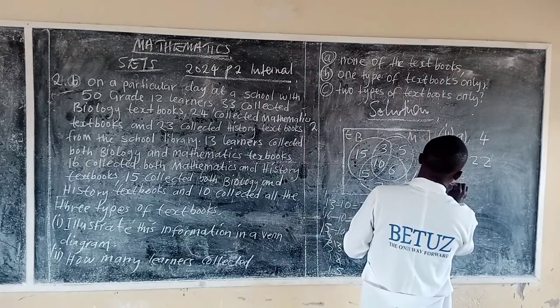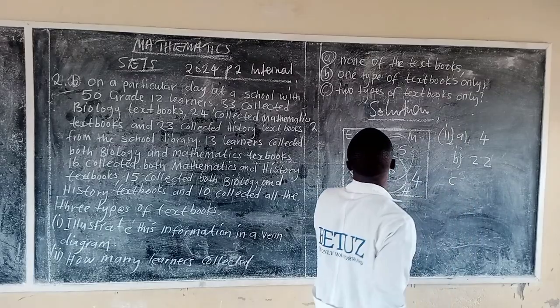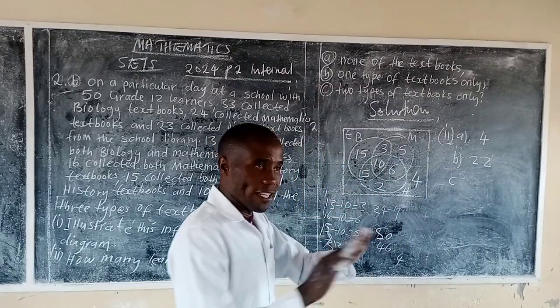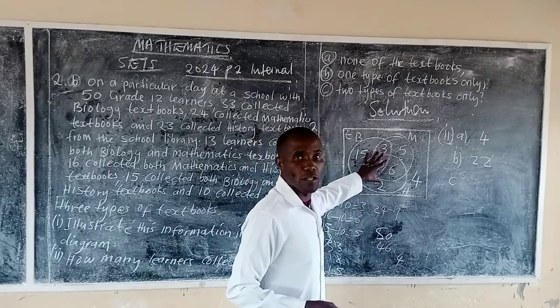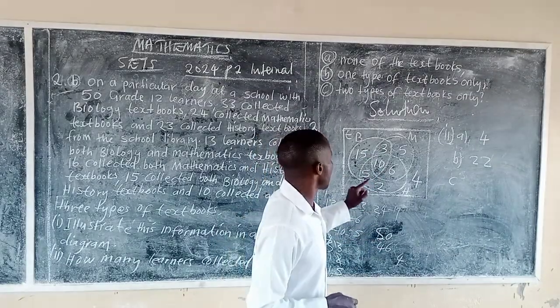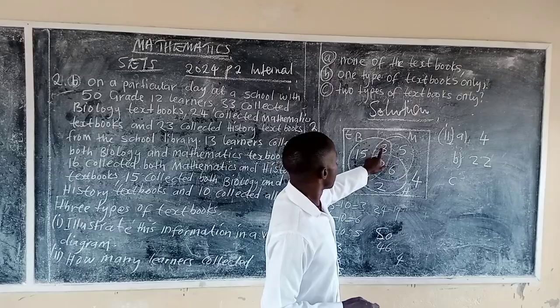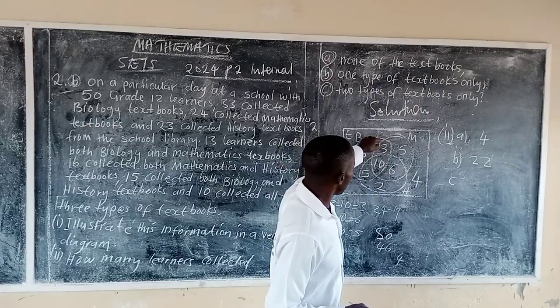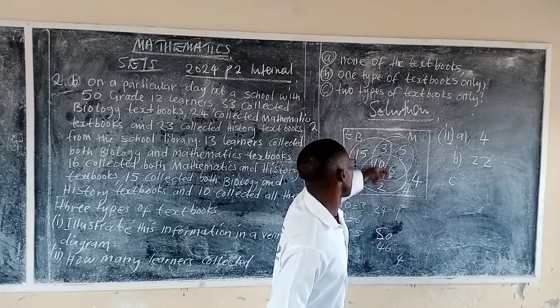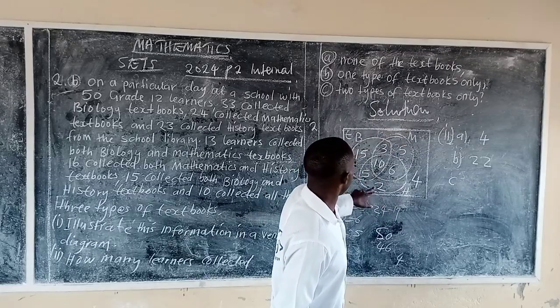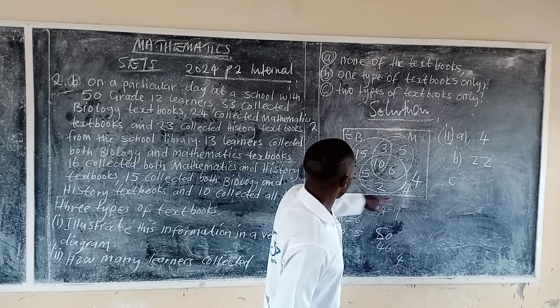Then from there, you come to 2C, 2 types of textbooks only. So when we go back to the Venn diagram, we are going to see that here we have 3, which has only biology and mathematics. Then here we have 6, that is only mathematics and history. Then here we have 5, history and biology.